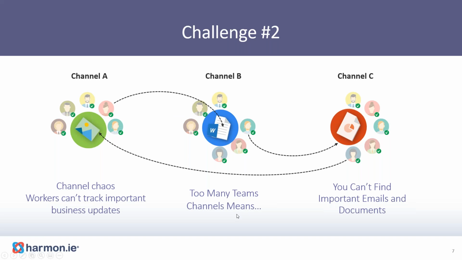The second challenge that we see is that Teams causes its own problems, in that it's easy to create a team and create additional channels. So you end up with lots and lots of teams and lots of channels, particularly as you get to a larger company-wide deployment.